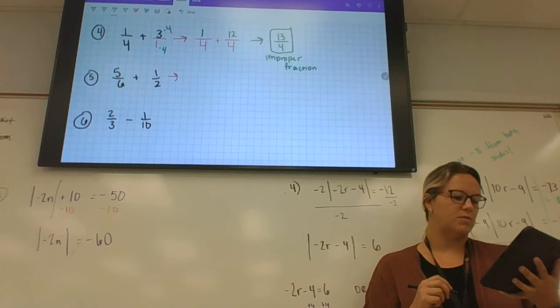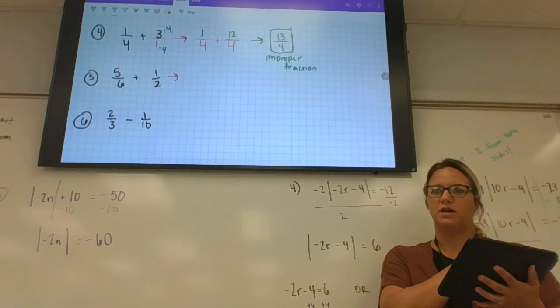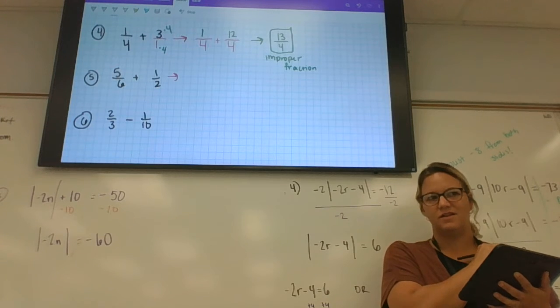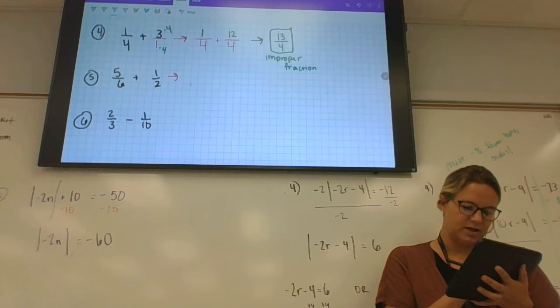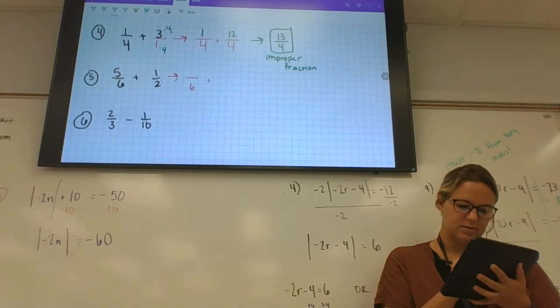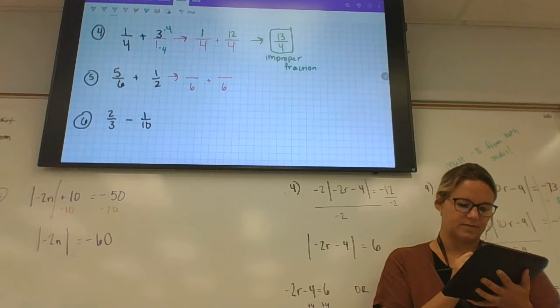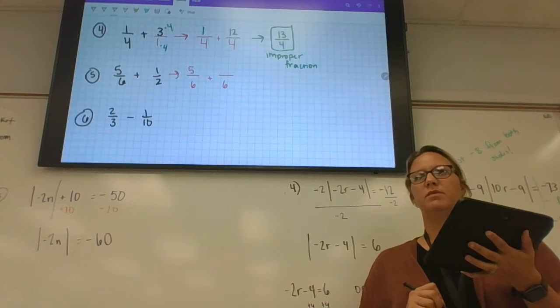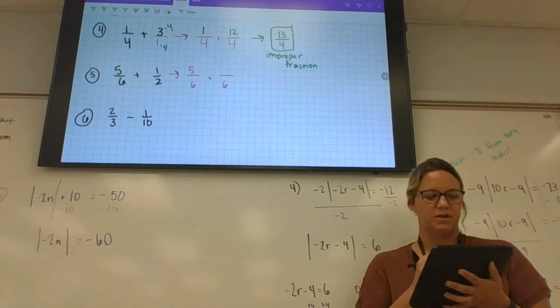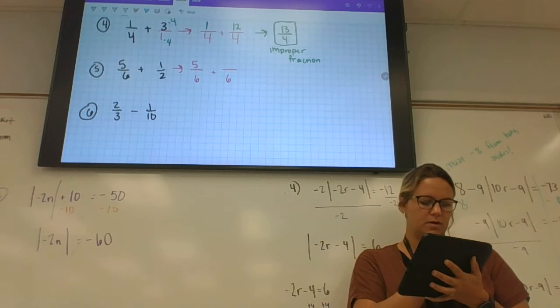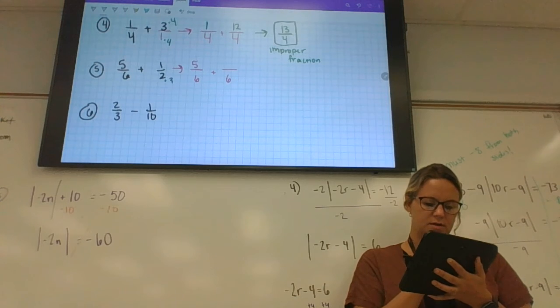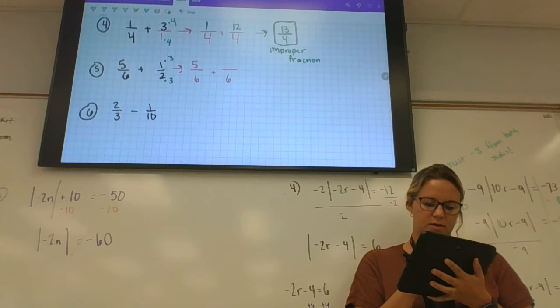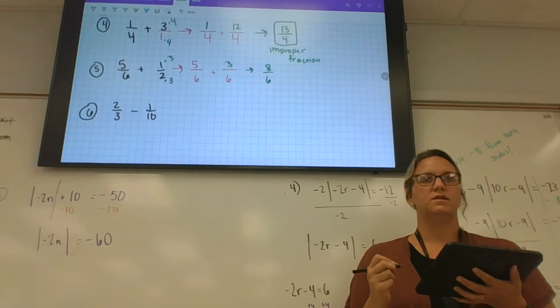All right, so what then is our common denominator in number 5? 6. So I'm going to write 6 plus sign 6. The first one doesn't change. What did we multiply the top and bottom for the second one? Add across the top. 8 over 6.